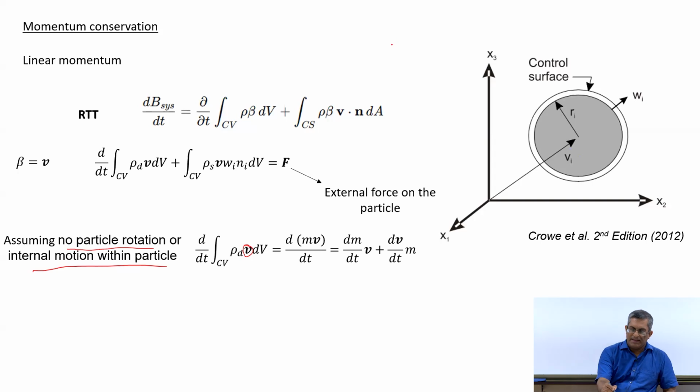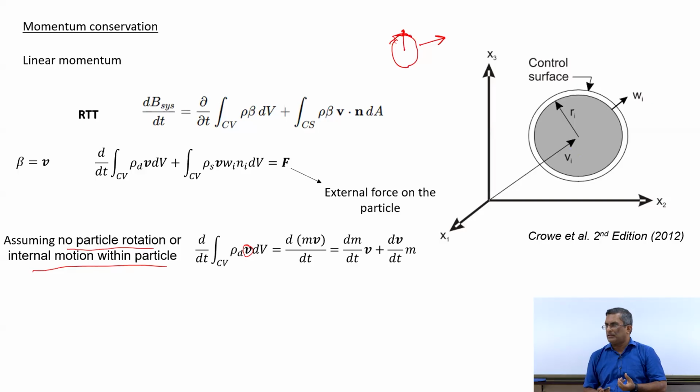Let us say I inject a droplet into a flow, then there is a shear stress, for example, and that can cause the interface to move, and that can cause a velocity gradient within the particle.